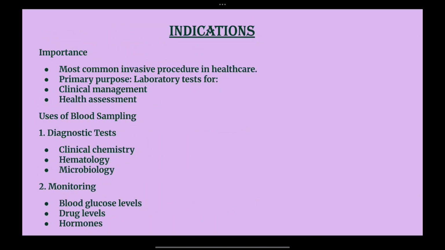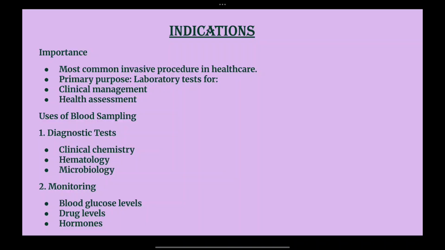Now what the indications for blood sampling are is mainly important to understand. Without any indication or any clinical relevance, the blood sample cannot be drawn. No blood sample should be drawn without the indication given by the doctor. Why is indication important?